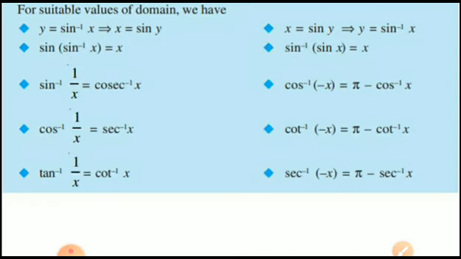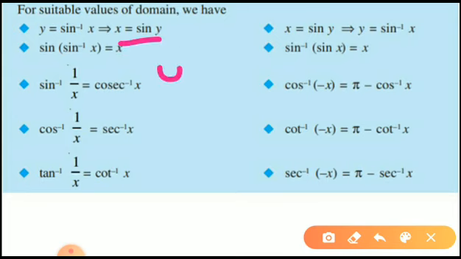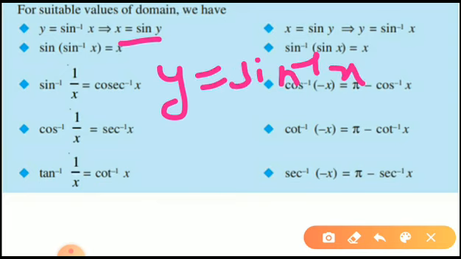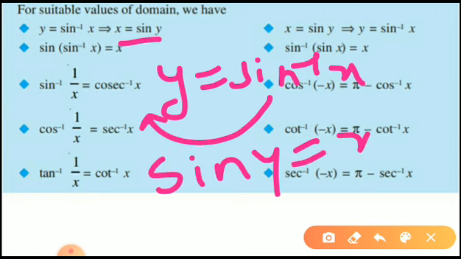Now, again we have seen some properties. Which ones were they? If y is sine inverse x, we write it as x equals sine y. Now see, some of you may have it like this: y is sine inverse x, that means I can take this sine to this side, so I'm writing sine y equal to x.